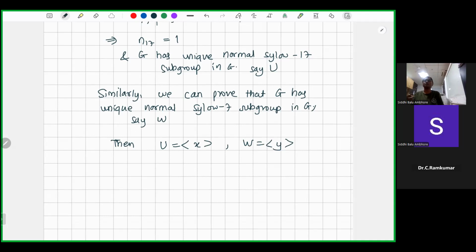These are Sylow subgroups in G of prime order.